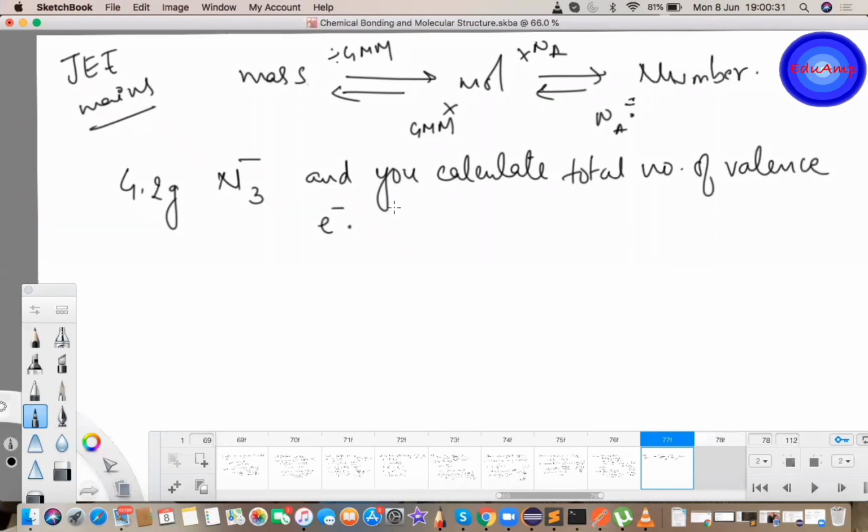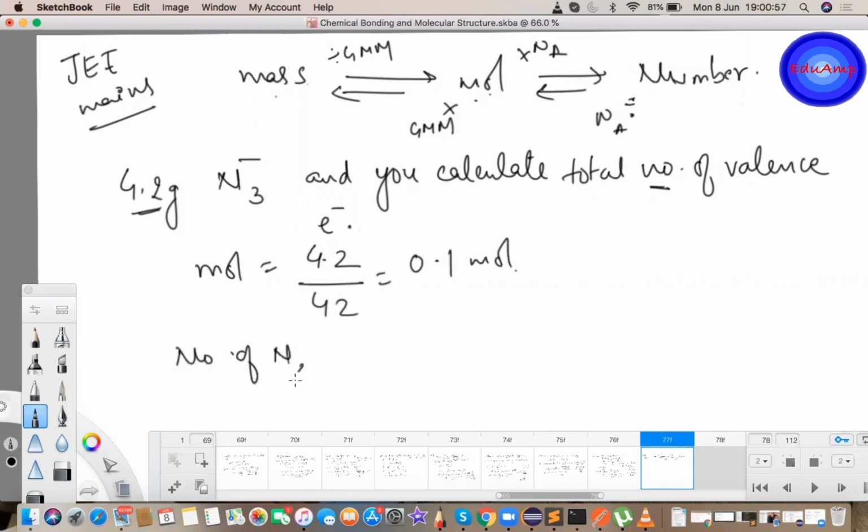So I just moved you to JEE Mains level. You have been given mass and you have been asked about number. So first mass to mole and then mole to number. So moles will be given mass, that is 4.2 upon N3 minus molar mass, which is 42. That is 0.1 moles. Now number of N3 minus ions would be 0.1 into Na.